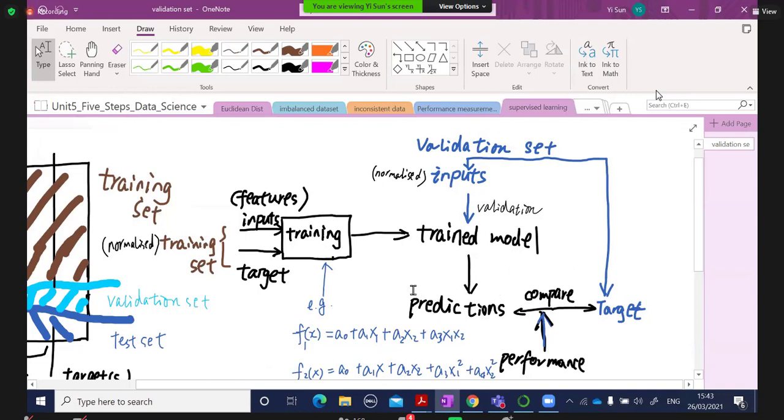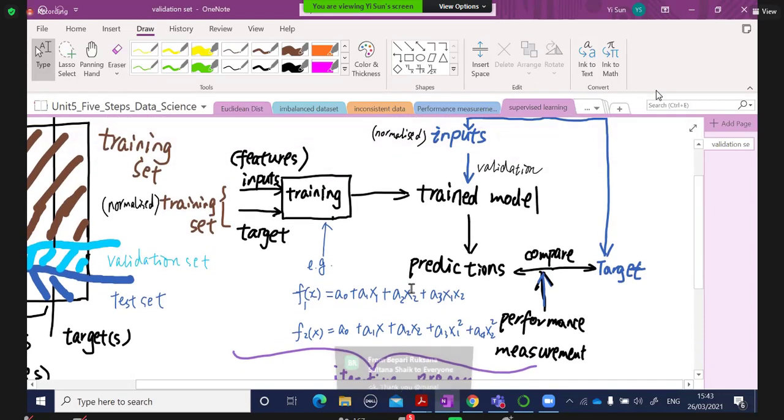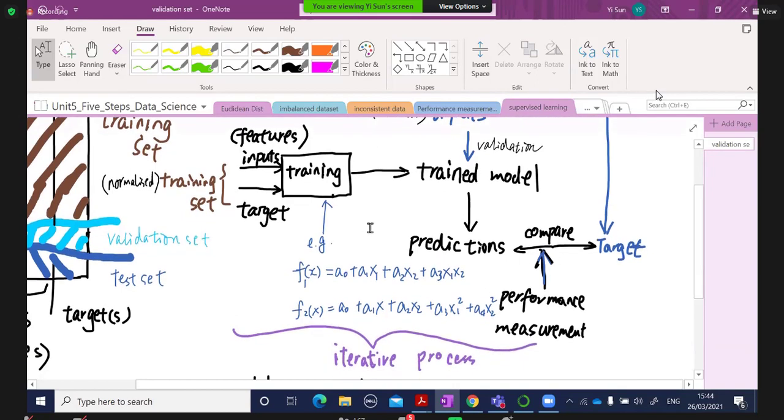This time, compare the new predictions with the target values from the validation set and get a new performance. Now you are ready to say, using the validation set, which model gives better performance on the data set. Let's say, for example, the second one gives better results compared with the first model. Then you say, I want to use maybe the second model for this data set.